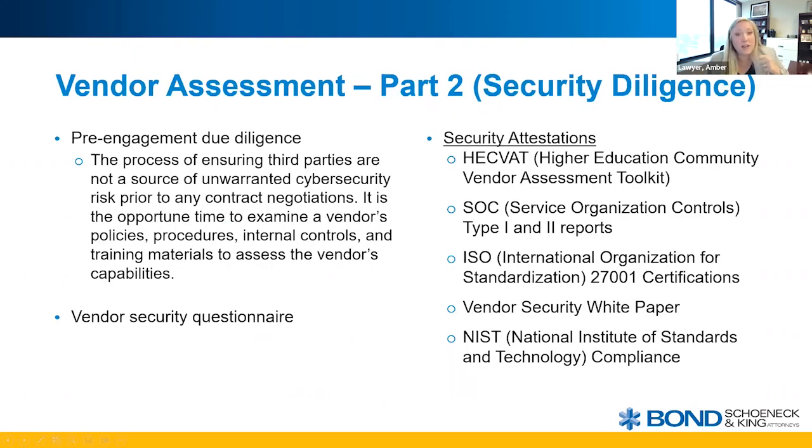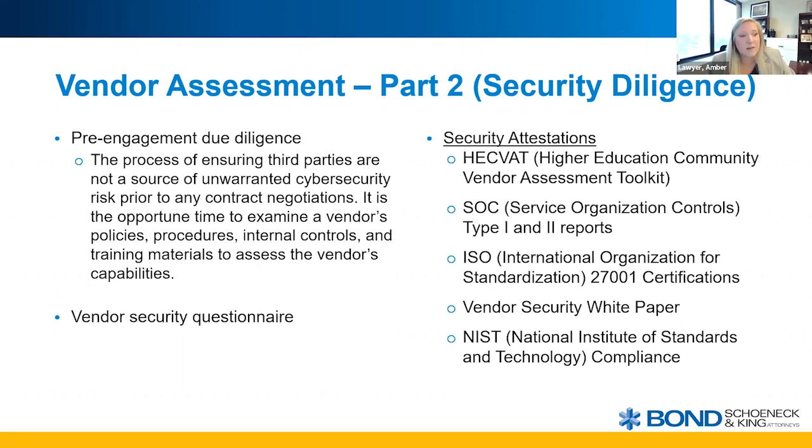Okay, so another very important aspect of the pre-contractual phase is appropriate due diligence of your vendors in relation to their cybersecurity posture. So we need pre-engagement due diligence in relation to a vendor's security safeguards, and if they have any kind of attestations in relation to their security posture.